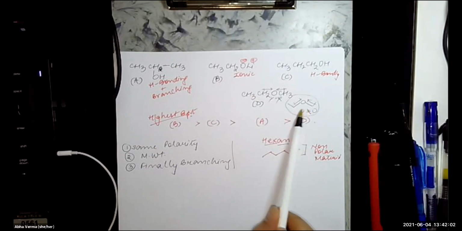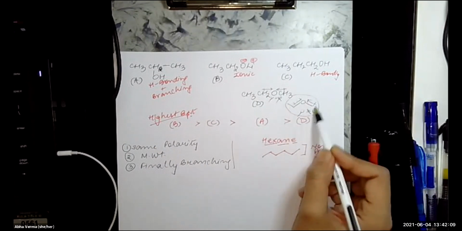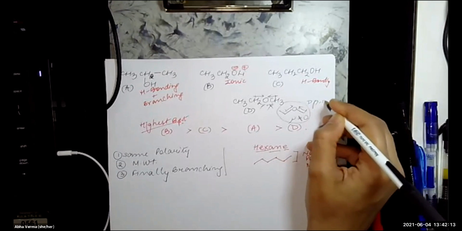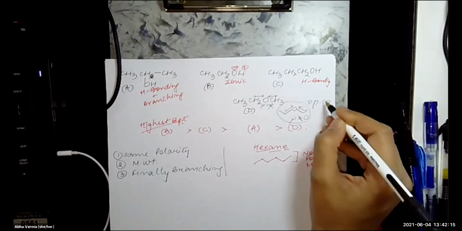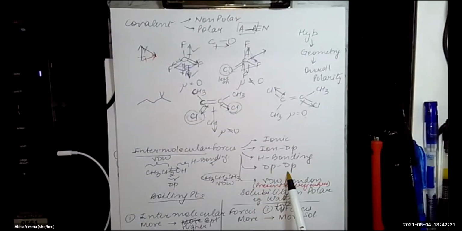The least soluble in water will be this molecule with just dipole-dipole interaction. And if you remember our intermolecular forces, dipoles are way below here. Ionic will be giving you the strongest solubilities.